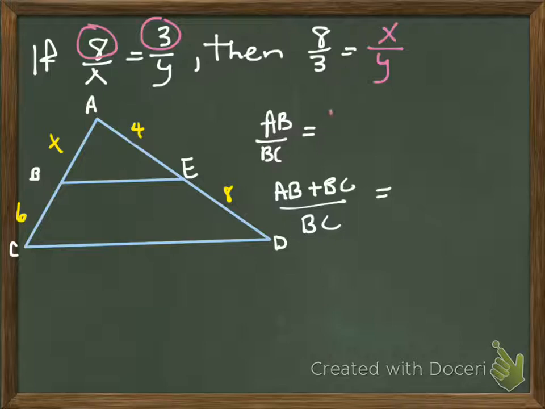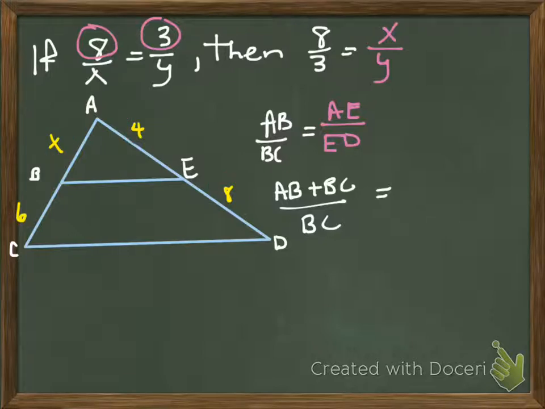Yeah, AE over ED. Okay, just keeping the same order. So here we have the top part over this, and that means on the other side we need to have this part over this, right? Pretty simple.